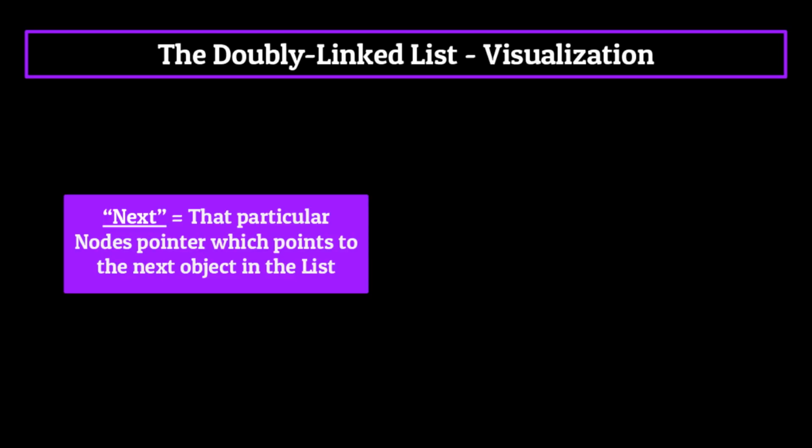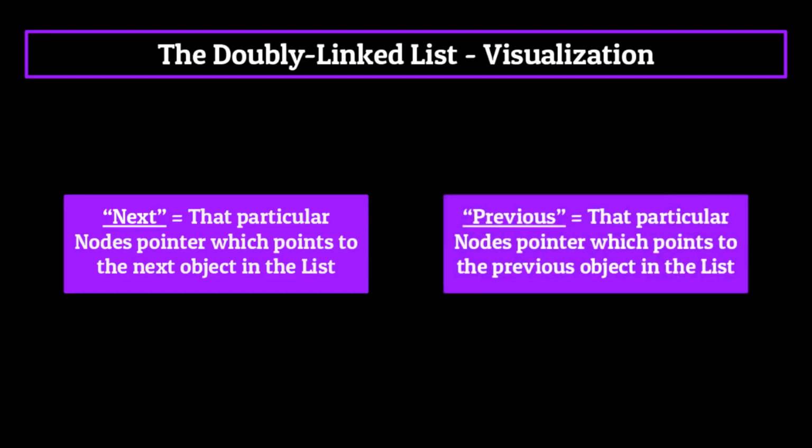Similarly, when I refer to a node's previous, abbreviated to prev on the visuals, I'm talking about its pointer, which points to the previous object in the linked list, again, either another node or a null value. Doing this just helps keep things a little bit more simple, because as you'll see, having both a previous and a next pointer makes things a little bit more complicated.